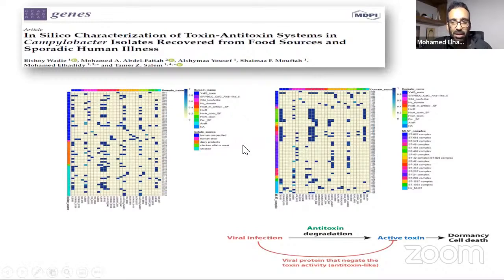Most of the publication that I just mentioned over the last 6 or 7 slides is combining phenotypic results with genomic data and trying to establish an association between the phenotype and the in silico prediction.